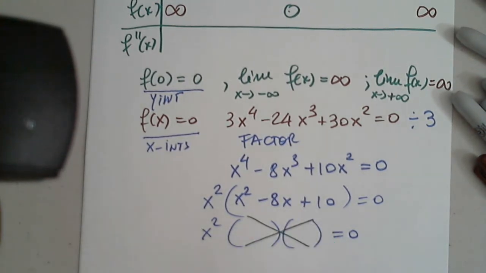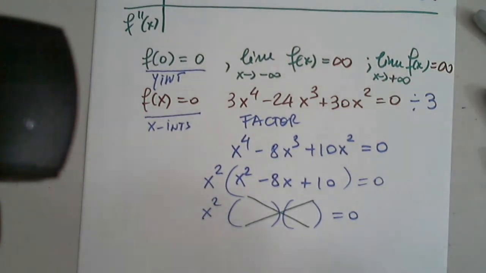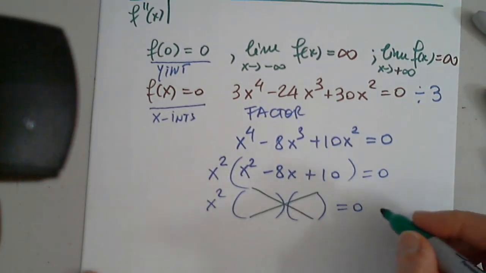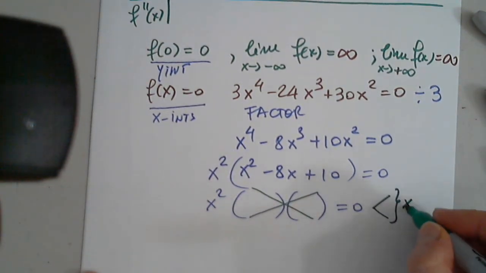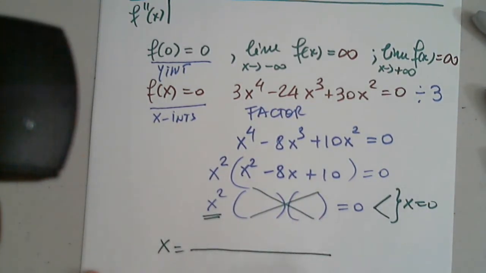It's not factorable. That's what I was hoping I would hear. So I cannot find two numbers whose product is 10 and whose sum is negative 8. So I will have to find the solutions. Of course, I have two solutions that are x equals 0. No question there. But for this one, I have to find the solutions with the quadratic formula.